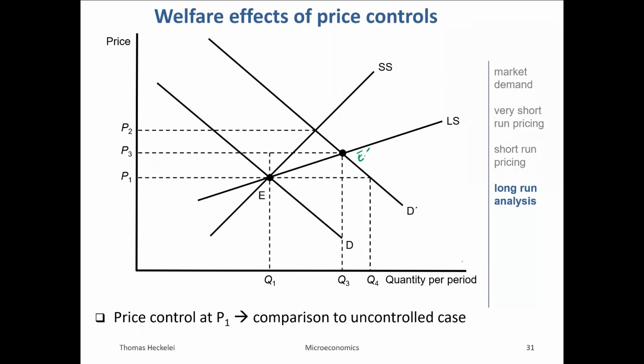Okay, so I go back to this slide without shading, hopefully to show you more clearly. So in order to see clearly what the consumer surplus and producer surplus loss due to the price control are, we first need to see what would have been there if the E prime happened at all.